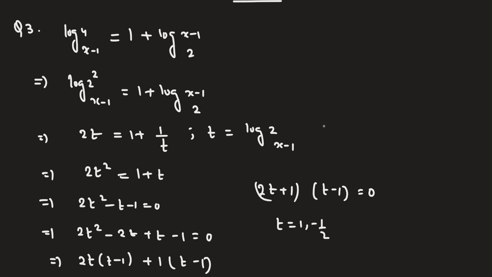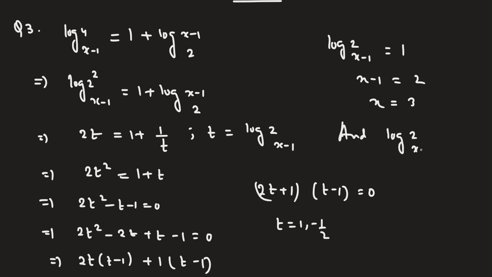Now we assume that log of 2 base x minus 1 is equal to 1. So x minus 1 is equal to 2, x is equal to 3. And when we consider log of 2 base x minus 1 is equal to minus half, we can take it this way: x minus 1 is equal to 2 power minus 2, that means 1 by 4.